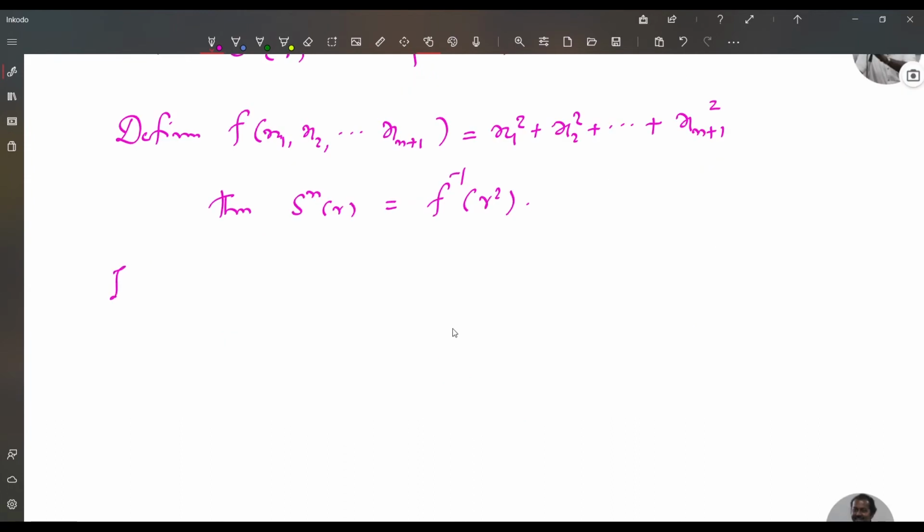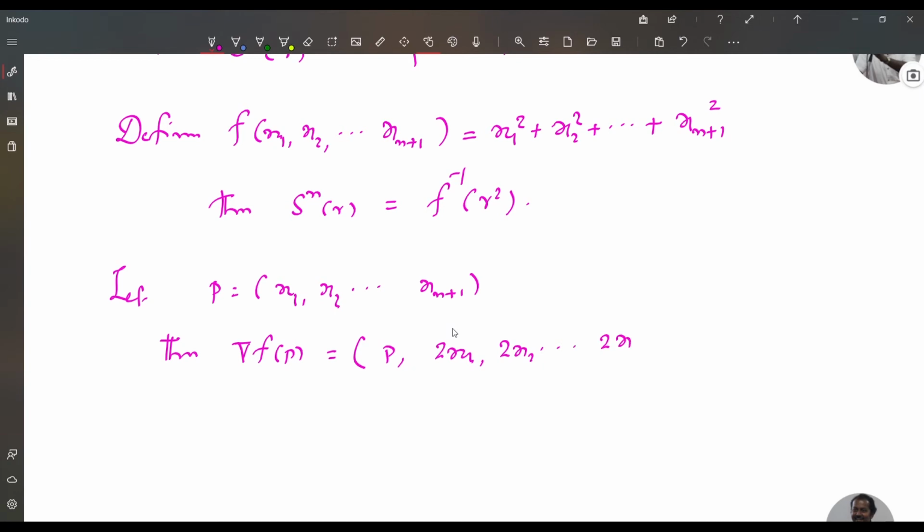Let P be the point x1, x2, etc., xn+1. Then del f of P is P, 2x1, 2x2, etc., 2xn+1. That is actually equal to P, 2P.